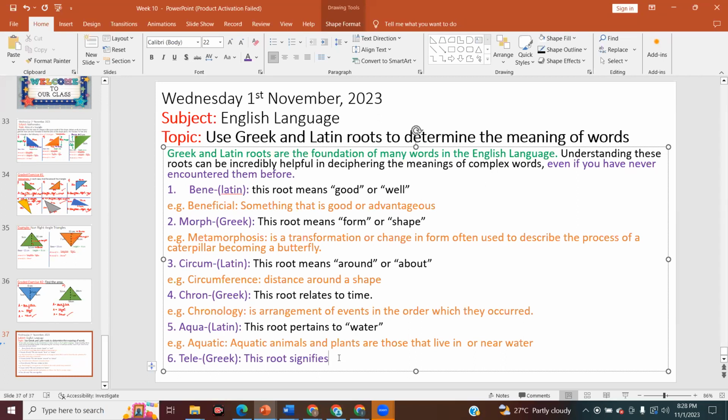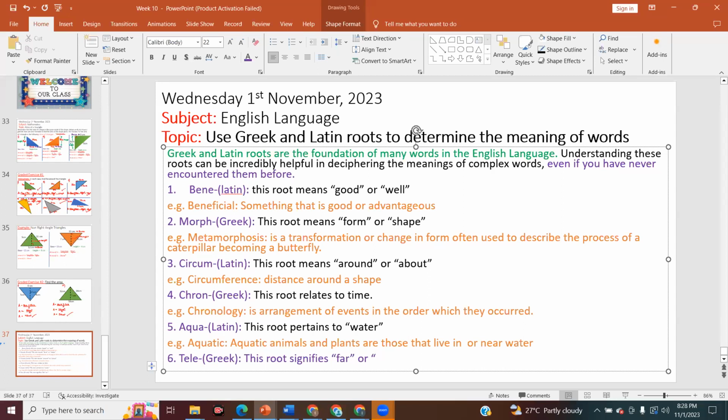Okay, so Telly, this root signifies far or distant. Like a telegram? Like a telegram, yeah. Or something even more. Telephone.